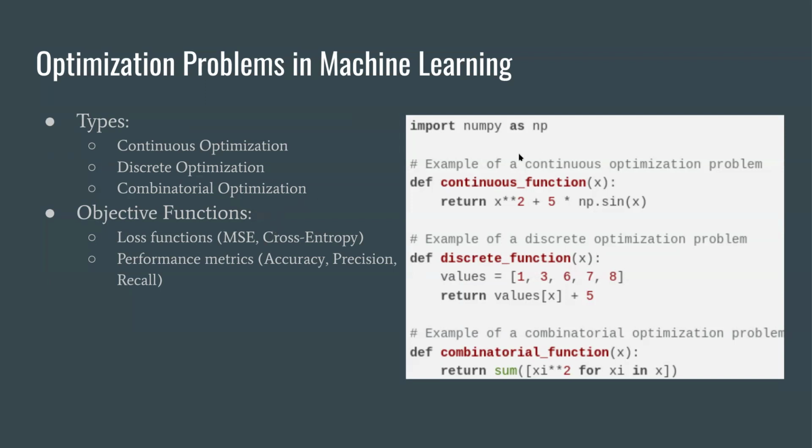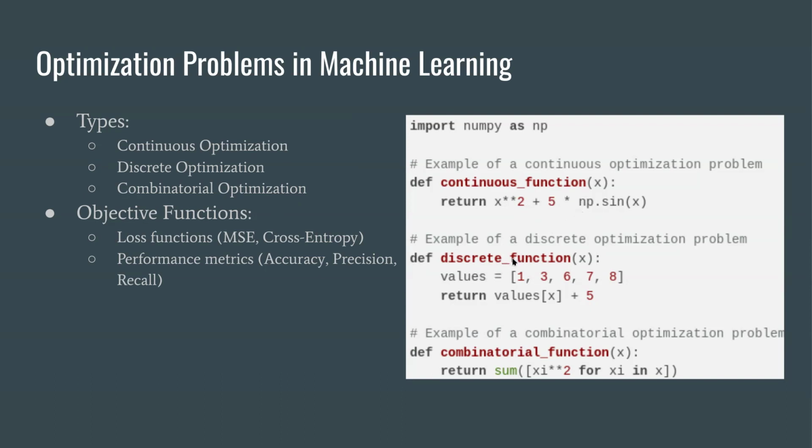So here is just a simple example. If we look at this continuous function, we can see a simple quadratic function with sinusoidal components. So we can find the minimum or maximum of this continuous function.